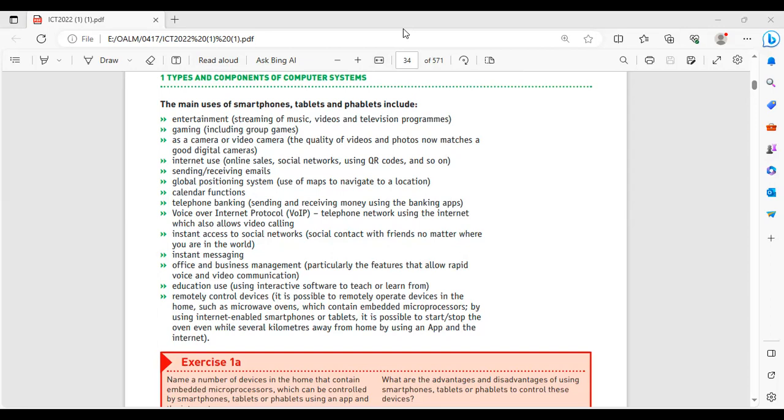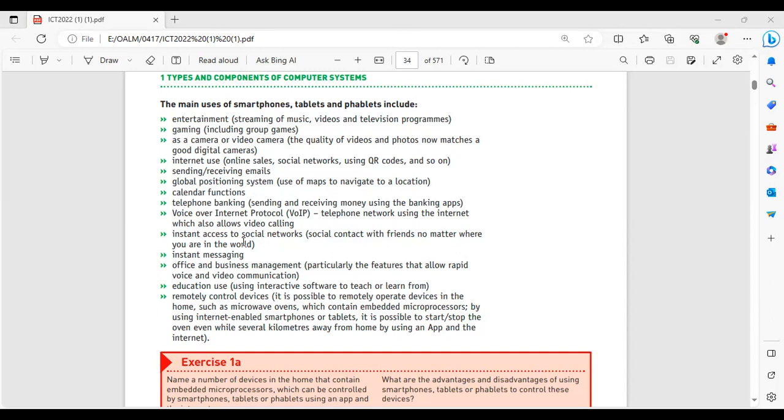Telephone banking means we could send or receive money just by using the banking app. Then there is voice over internet protocol, which means the telephone network uses the internet and also allows video calling. Good. We could also have instant access to social networks, like our social contact with friends, no matter where you are in the world, and we could instantly message anyone, anywhere.